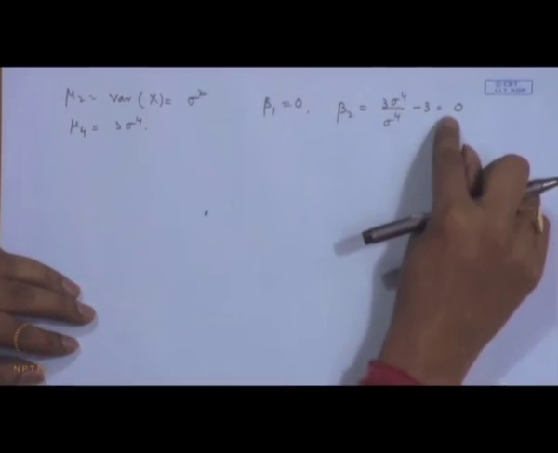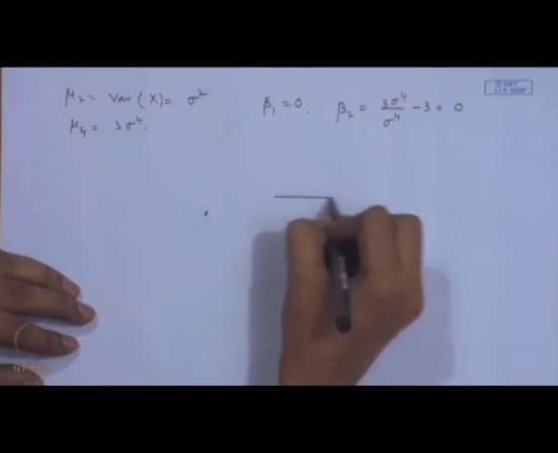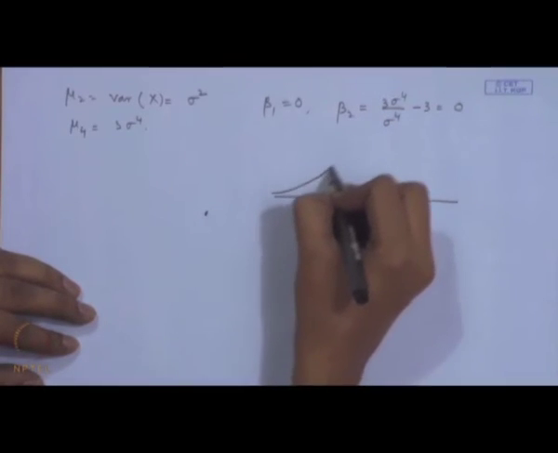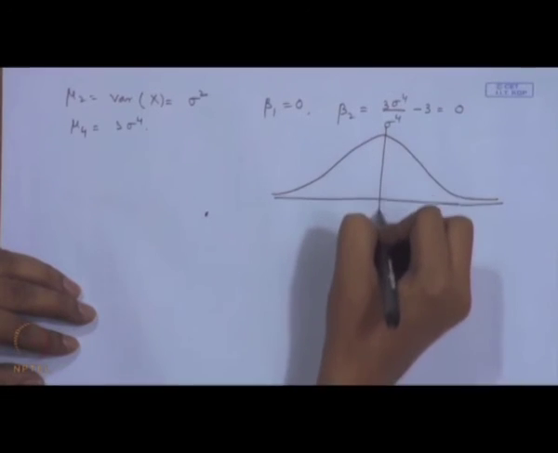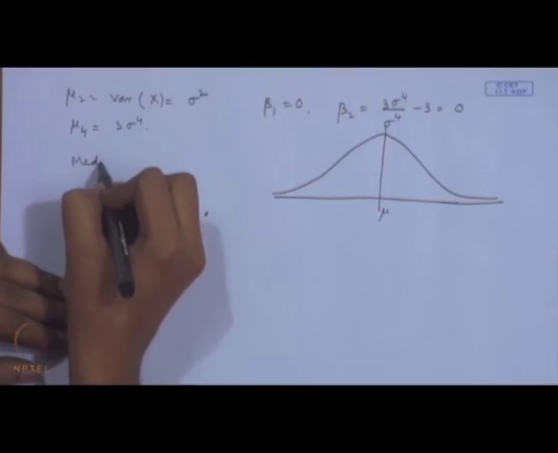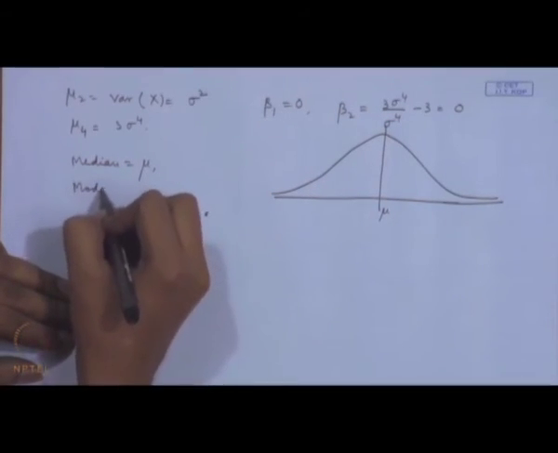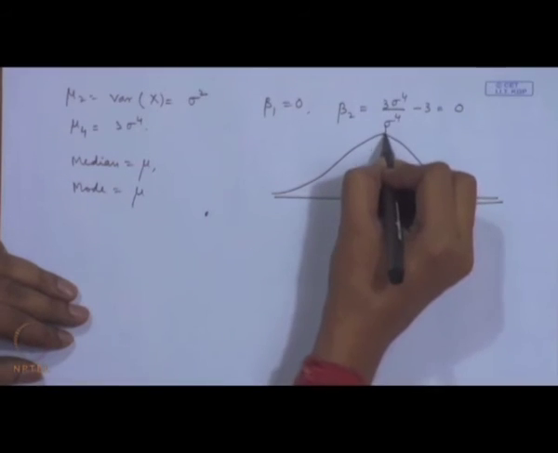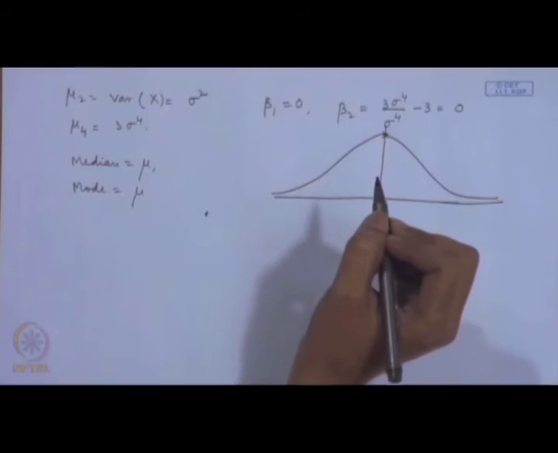So, for the normal distribution, the peak is called normal peak. If you plot the distribution, it is a symmetric curve around mu. The median is also mu, the mode is also mu, because the highest value is attained at this point and it is perfectly symmetric around this point.